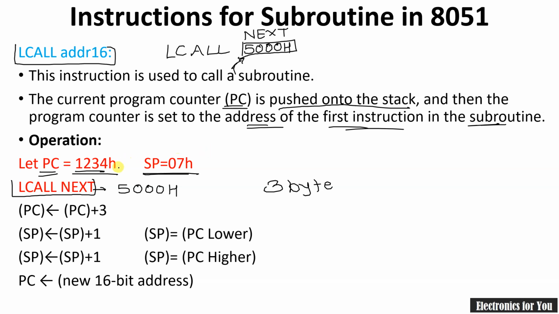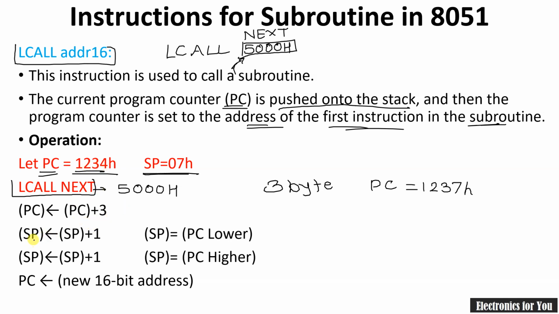The program counter was having the value 1234, it will automatically become PC equals 1237H. So 3 is added here, and the program counter is modified to 1237H from 1234H.